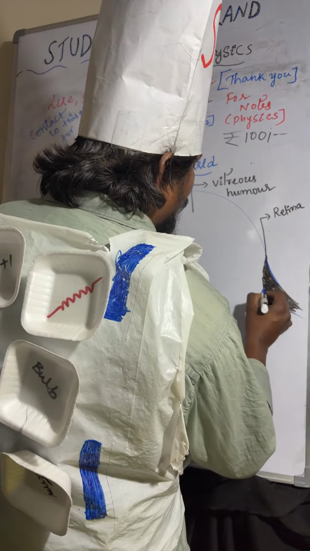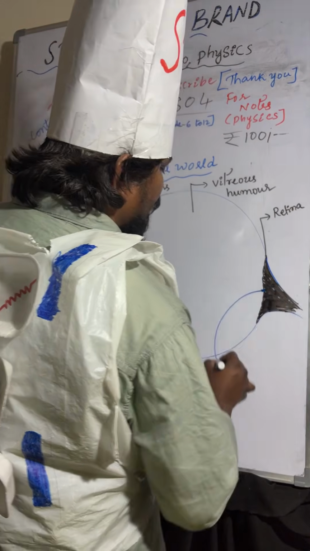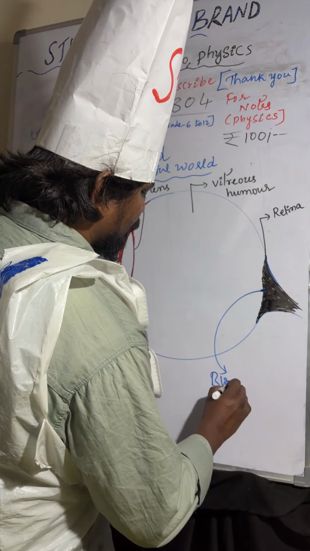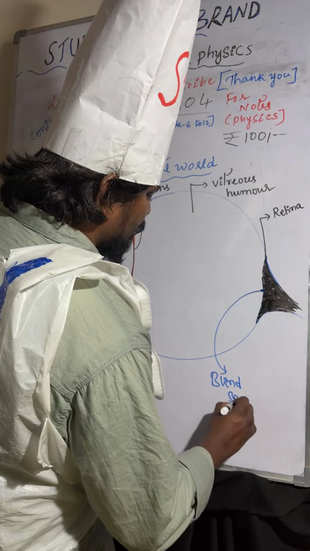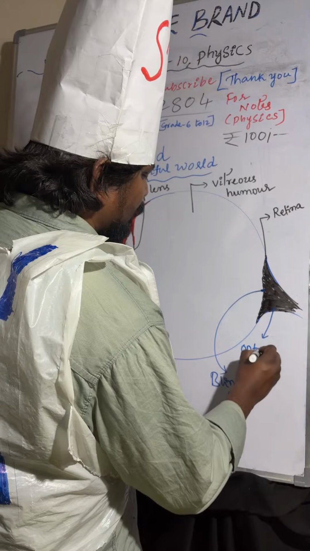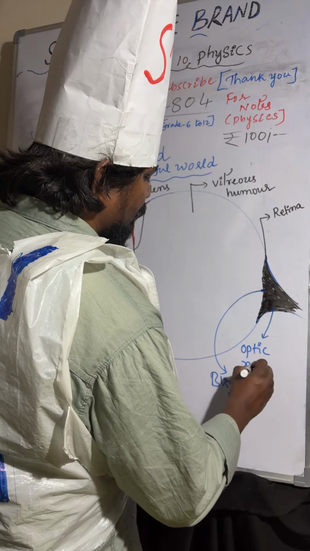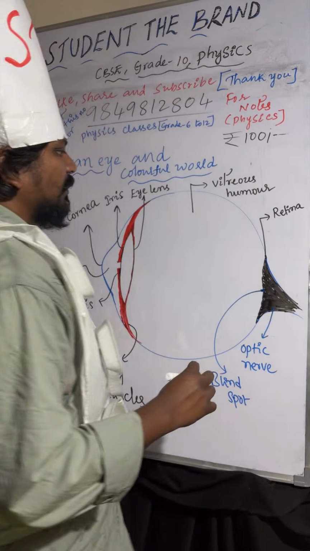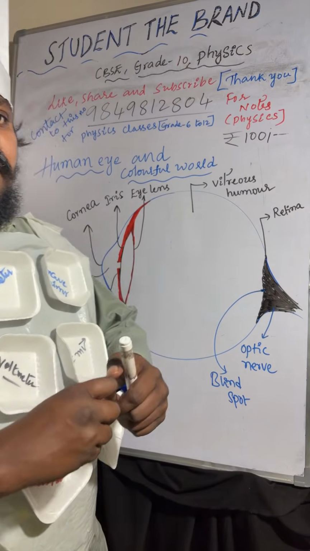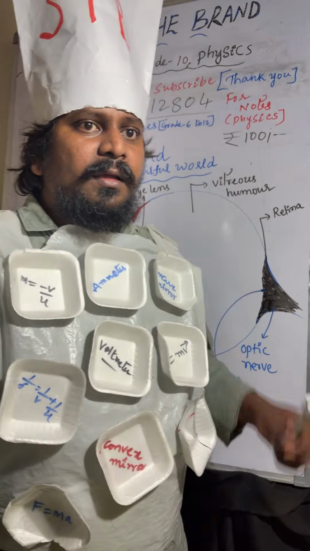This is the blind spot, and the optic nerve. Okay, so this is about the human eye parts.